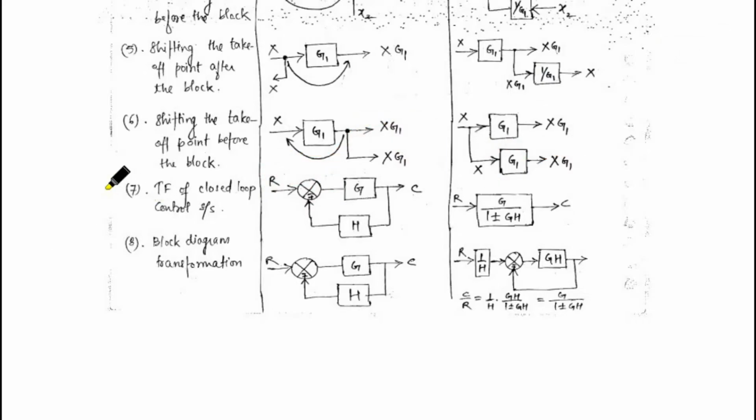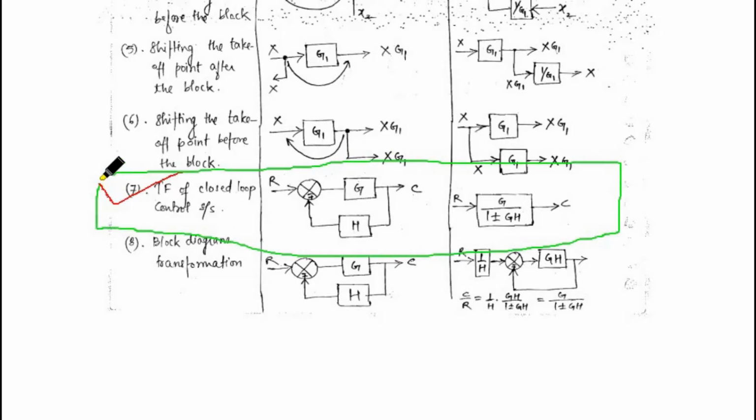Next rule, transfer function of a closed loop control system. Hope you understood this one. Actually I explained this in video number 1 in depth.